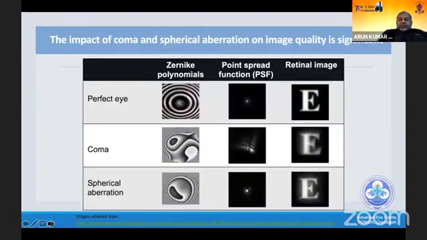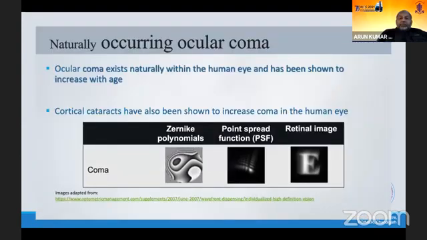And out of these two, the impact of coma as well as spherical aberration on image quality is quite significant. As you can see, the coma leads to a little ghosting and spherical aberration leads to a small halo around the images. There is a naturally occurring ocular coma in all of us, which exists within the human eye, and it also increases with age.